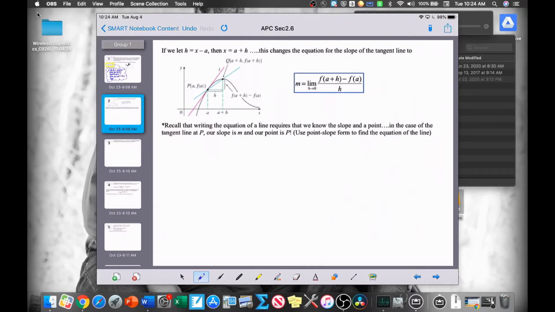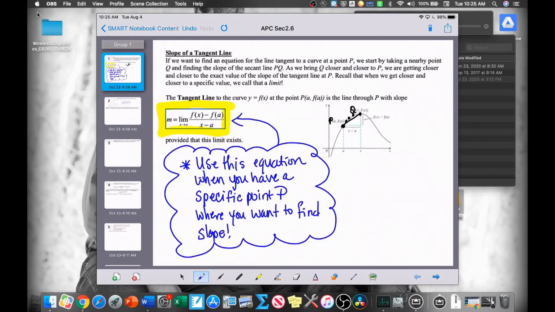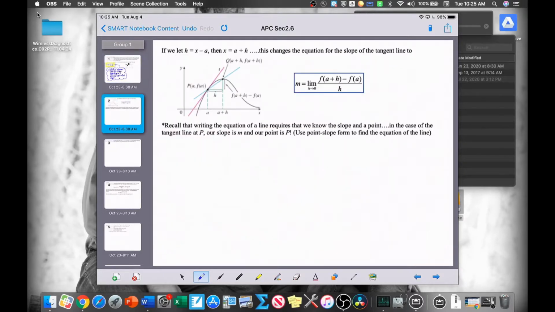Which brings me to the next part of the notes, which says that if we let that x minus a, which is underneath right here, in the denominator of our slope equation, if we let h represent x minus a, then x would be equal to a plus h. So we replace that f of x with f of a plus h, and we replace the x minus a with h. So all we've done is manipulate our equation a little bit, and now we have a new equation for slope. But the benefit of this equation is that it leaves our point in a generic form.